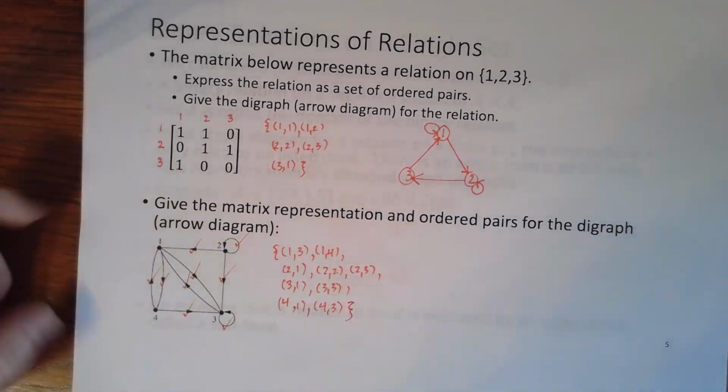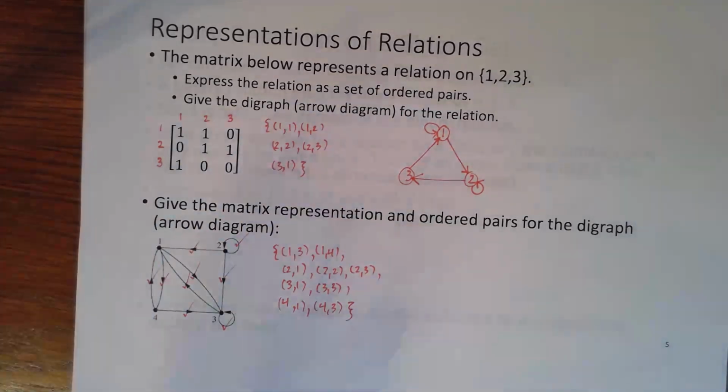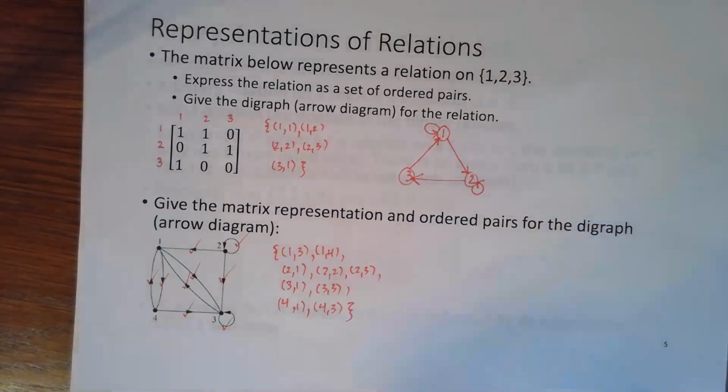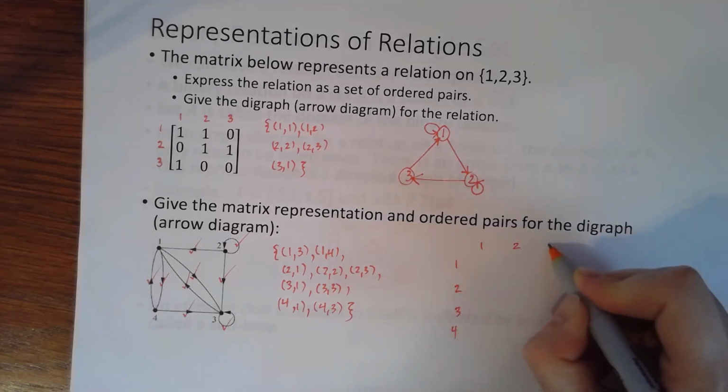That should be everything. It looks like I've checked off everything, so the number of pairs in here should exactly match the number of arrows that we saw there. And then as far as the matrix representation goes, we'll write it down for the rows and write it across for the columns.